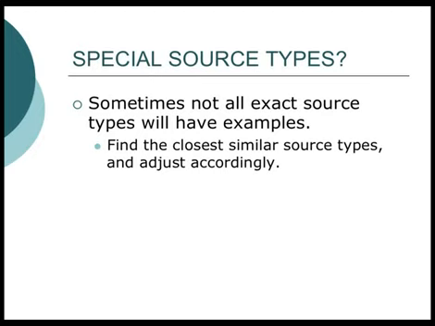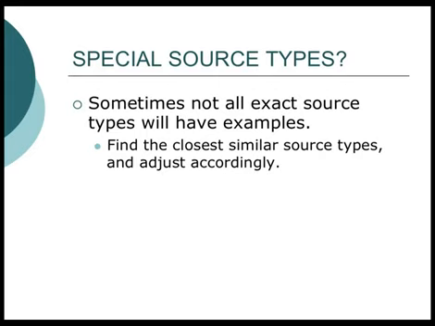Now sometimes there are special source types because there's a myriad of different kinds of sources out there in this world. This one handbook might not have exactly the right kind of source that you're looking for, and so what you have to do then is look at similar source types, and sometimes you might have to gel the source types together.